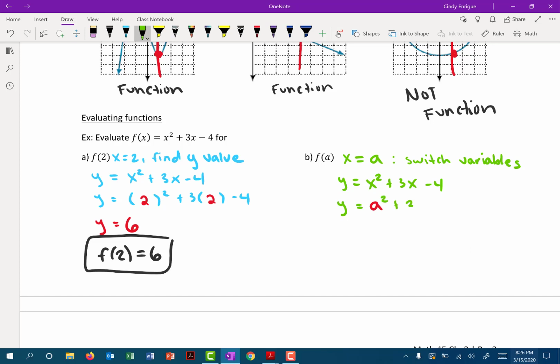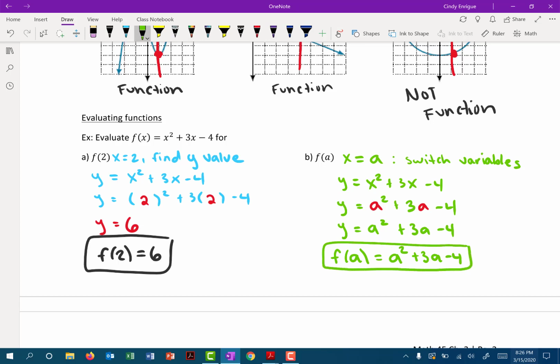And you're just like, okay, well, we're switching my x value to an a value. So we are really going to have a squared plus 3a minus 4. So for our proper notation, f of a is equal to a squared plus 3a minus 4. And so that's going to be my answer for f of a. I hope that makes sense.